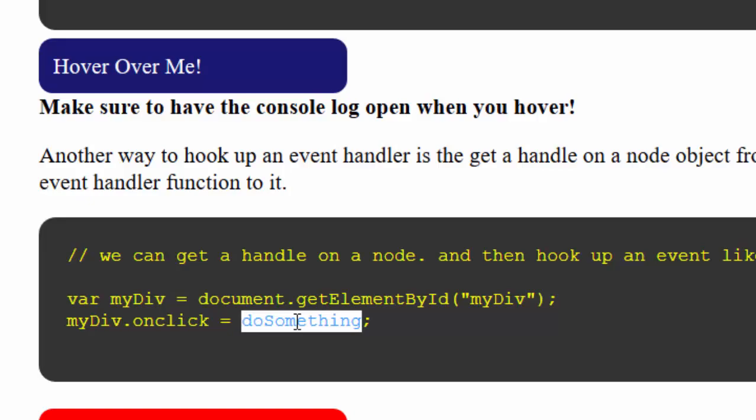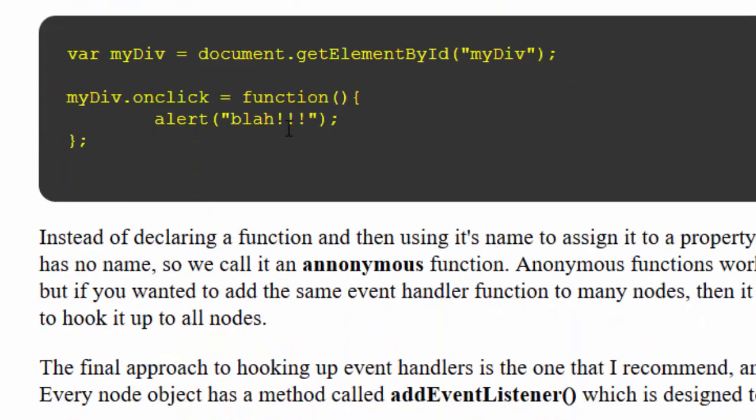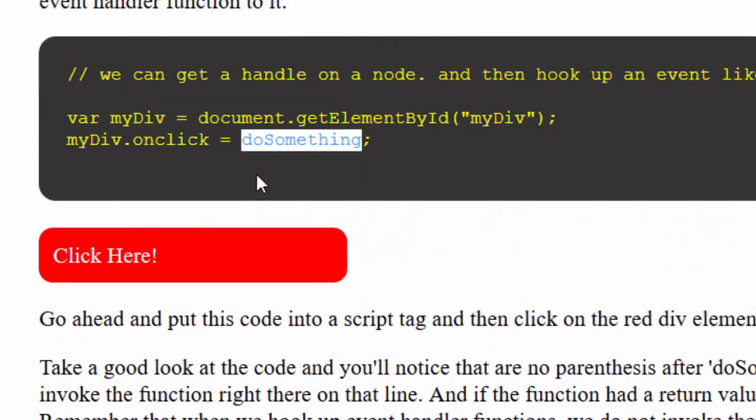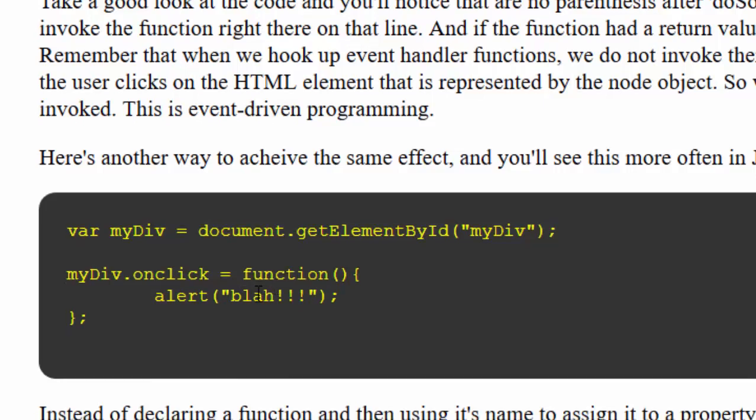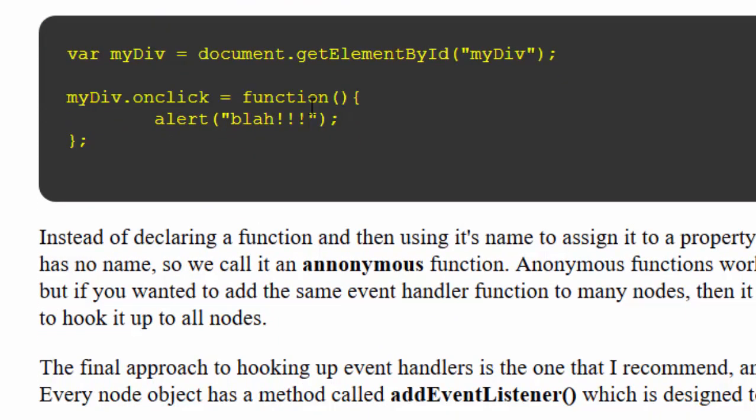Otherwise, if you did this approach, you'd be rewriting your code all over the place. So if you're going to reuse the event handler, then declare it and give it a name. But a lot of times these event handlers are just one-time uses, so we can get away with doing anonymous functions instead. This will take a little bit of getting used to, especially if you've programmed in other languages, because they don't always allow this sort of thing, but JavaScript does. So what's really going on here is we're assigning a function to a property.